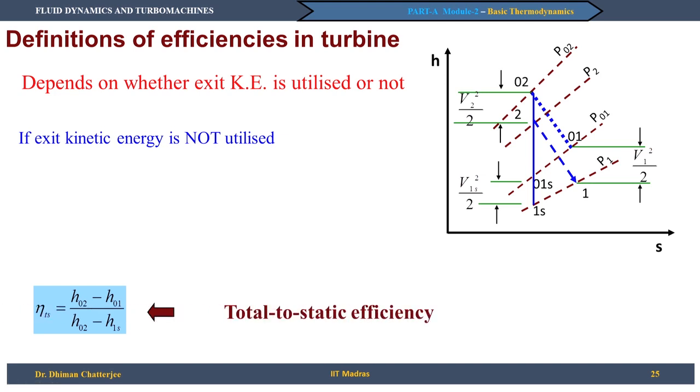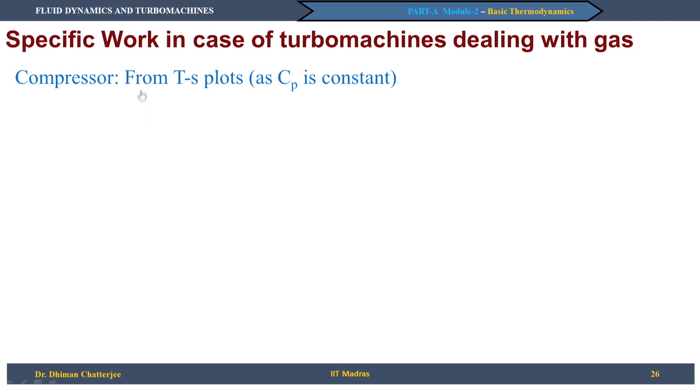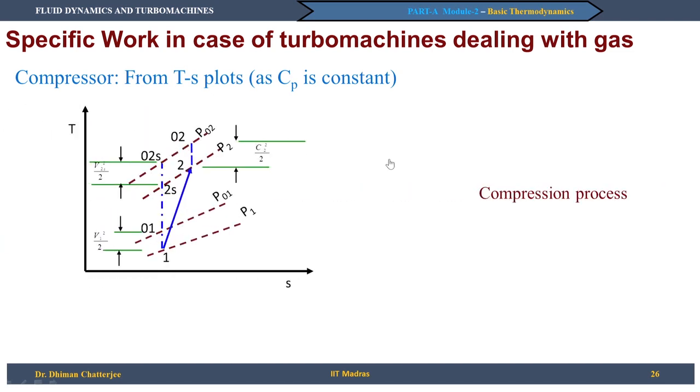Thus, we know that there are different ways of expressing the efficiency of a turbine. And last thing about the compressor, and we can talk about the specific work and the efficiency.